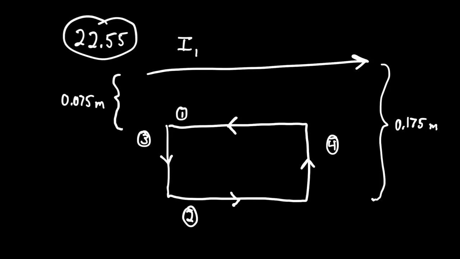They also give that I1 is 30, and the current through this bottom loop is 15. And the dimensions of this in the horizontal are 0.3 meters.